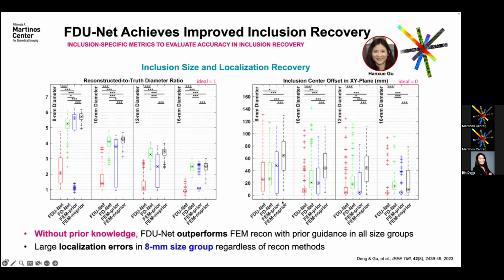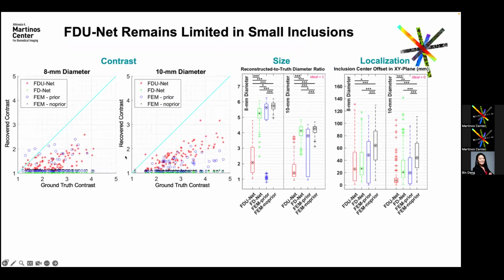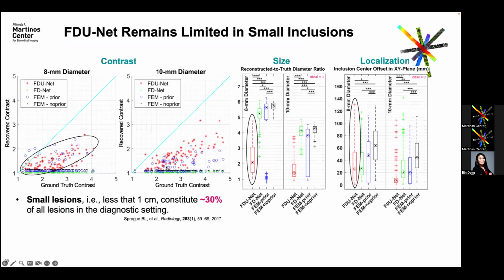However, at 8 millimeter, the smaller lesion size, it's not accurate regardless of what method you're using. If we put all the small lesion metrics together, you can see it's still not ideal for small sizes.